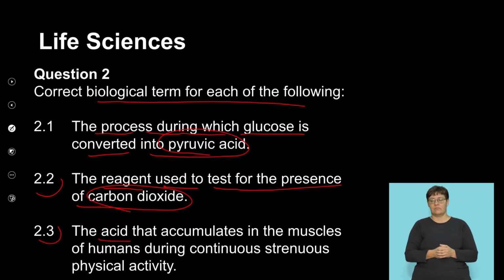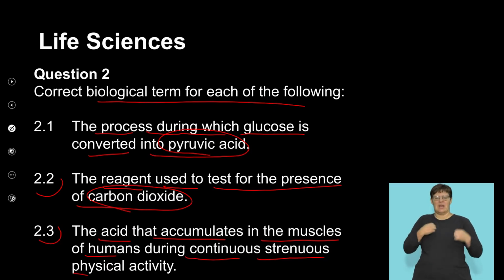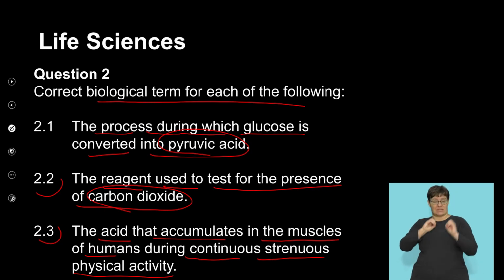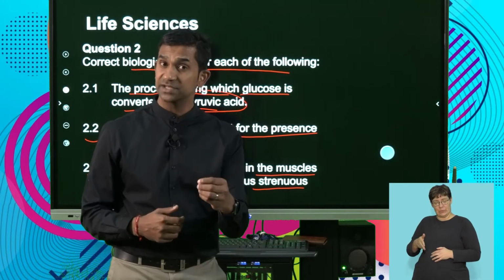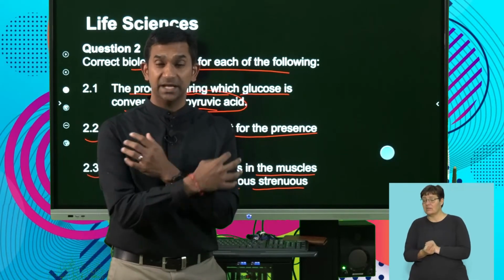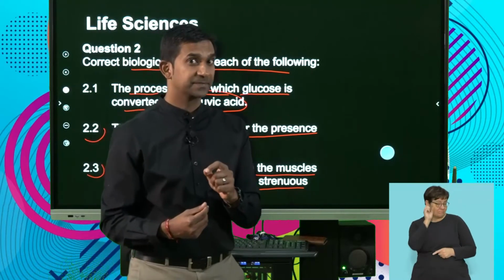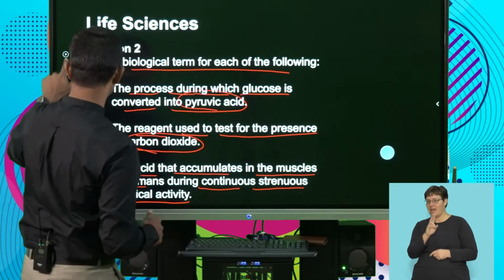The acid that accumulates in the muscles of humans during continuous, strenuous physical activity. And we refer to that as anaerobic respiration in animal cells, where in the absence of oxygen, respiration does occur, but it builds up in muscles causing stiffness. So I hope that rings a bell. Now let's reveal those answers.